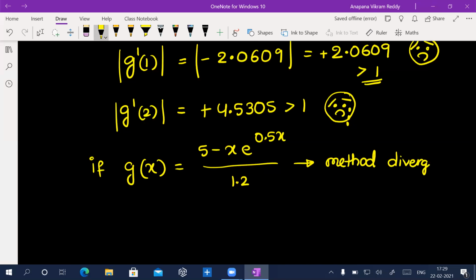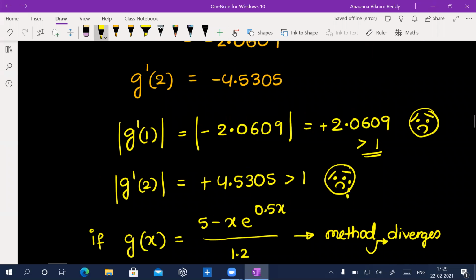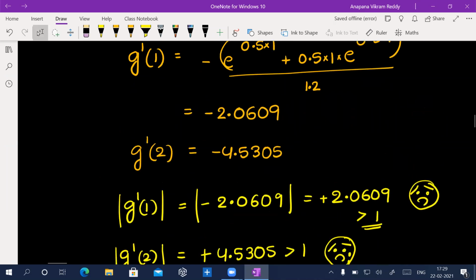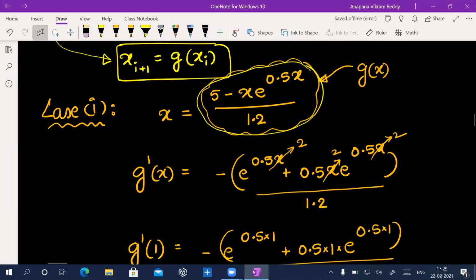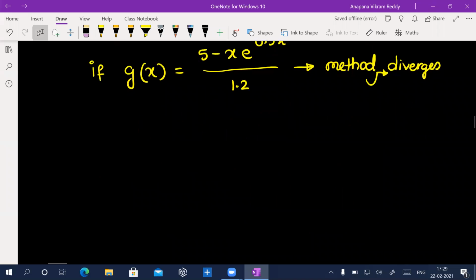Method diverges means not this method. With this method, you will find the divergent solution. So I can't take this. We will prove, by solving a problem, how I will go out of the solution if I take this g of x. We will do it step by step, don't worry.